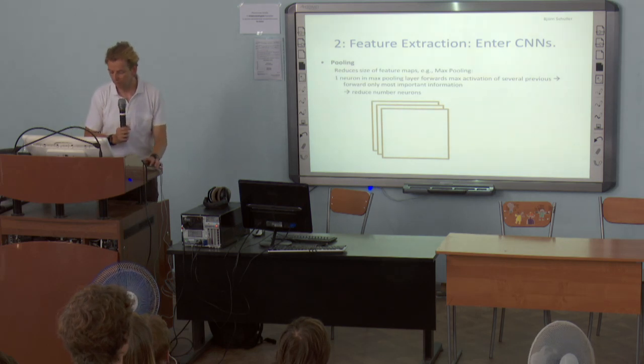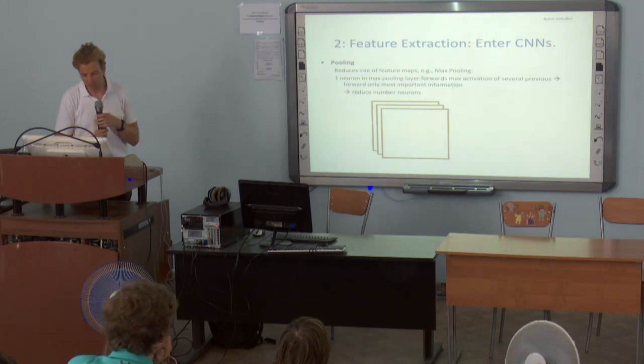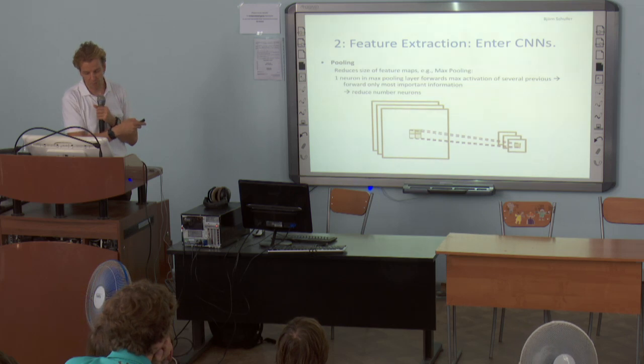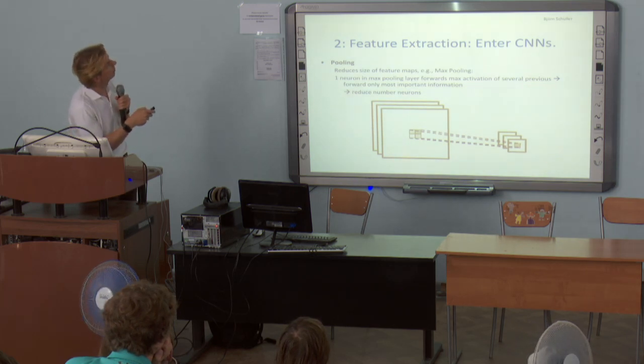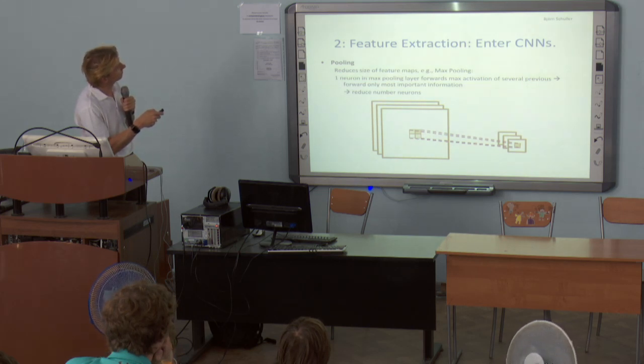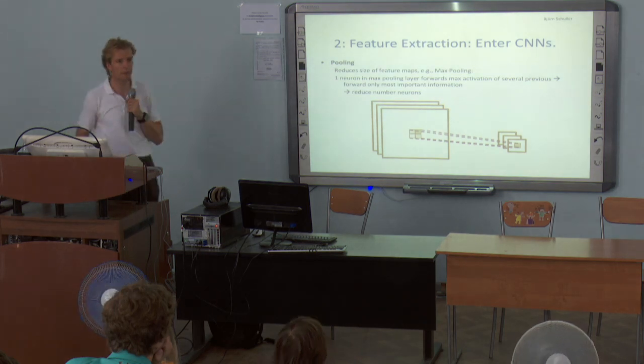Pooling reduces the size of the feature maps, and the most classic one is max pooling, where you have one neuron in the max pooling layer forward the maximum activation of several previous activations in forward direction. So here you have your map, and you forward only the one that is most active in max pooling.